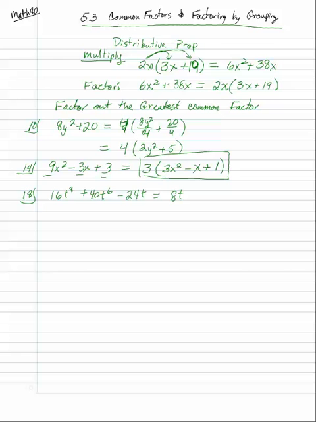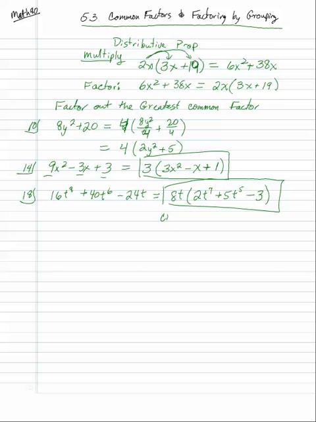So t to the first. Now we're going to divide each term by 8t. So we're going to get 2t to the 7 plus 5t to the 5th. 24 divided by 8 is 3. And then the t's go. So that's your final answer.